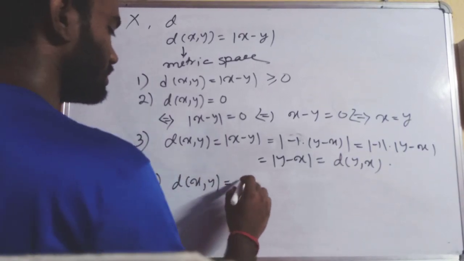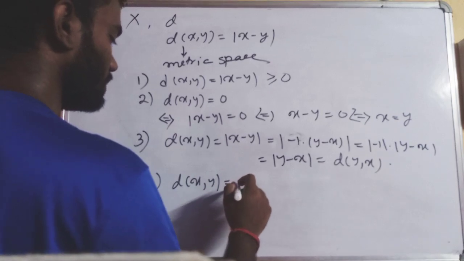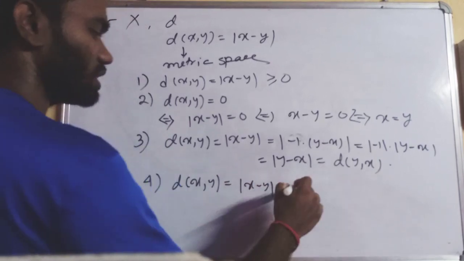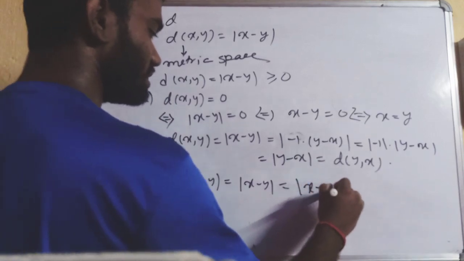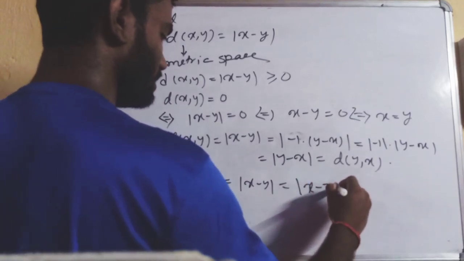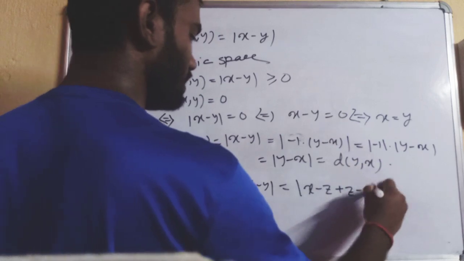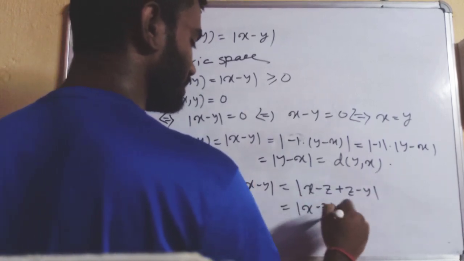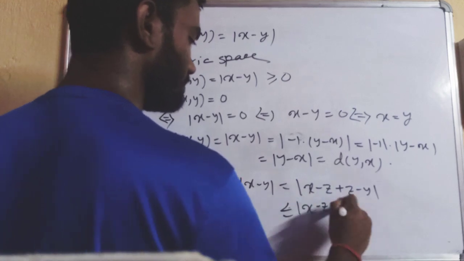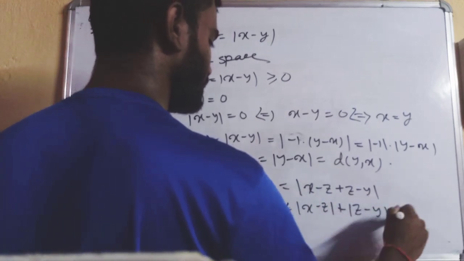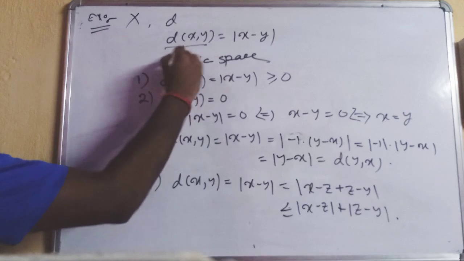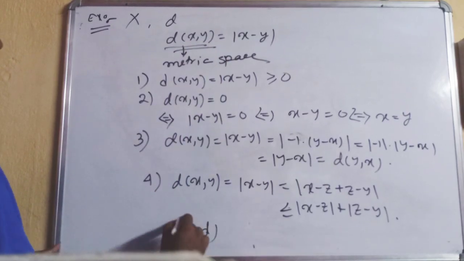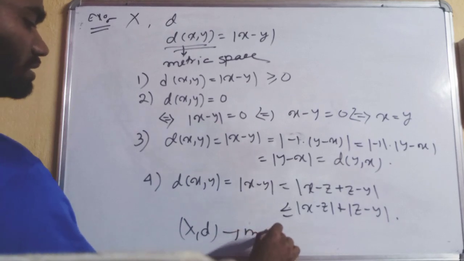We all know it from school level, right? You can write x minus y as x minus z plus z minus y, and by the triangular inequality you can write this as this. So d forms a metric and (X, d) becomes a metric space.